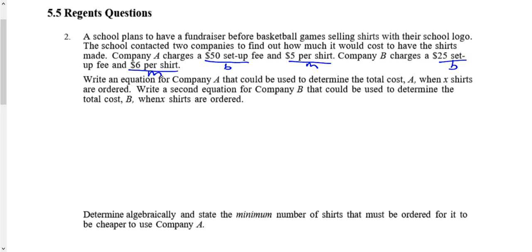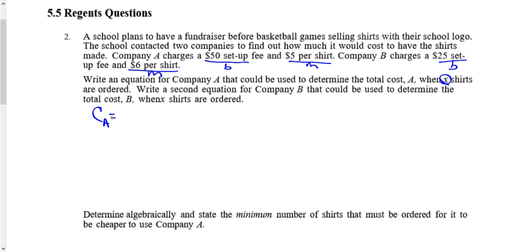So write an equation for company A. Now be careful here. You might be tempted to use A for the number of company A shirts, but on the Regents exam, if you do that, and they said specifically do this, you lose points. It's annoying, right? But so we can keep track of things, how about C of A, company A's cost, like that.